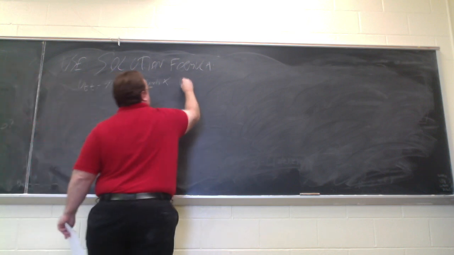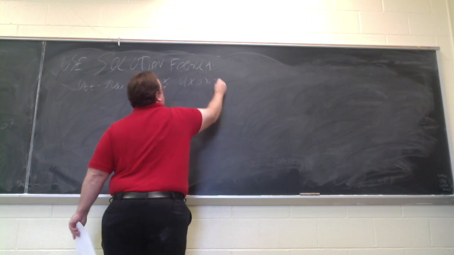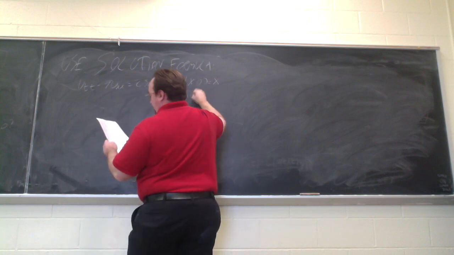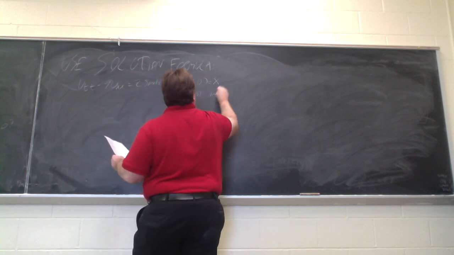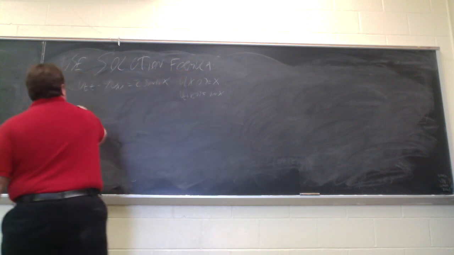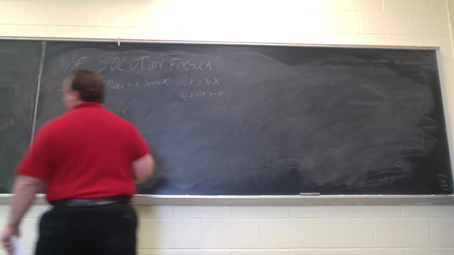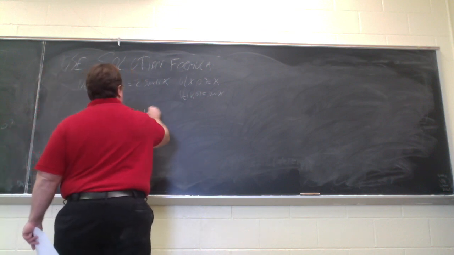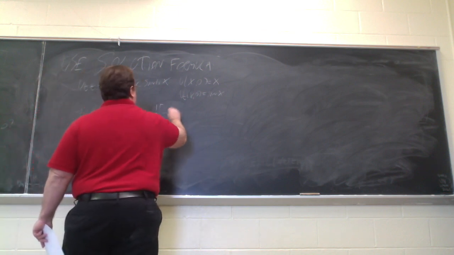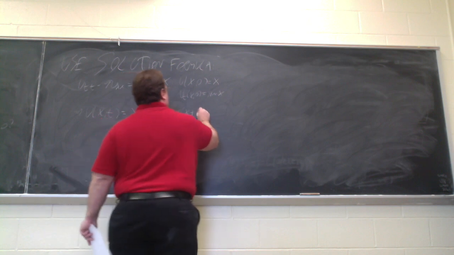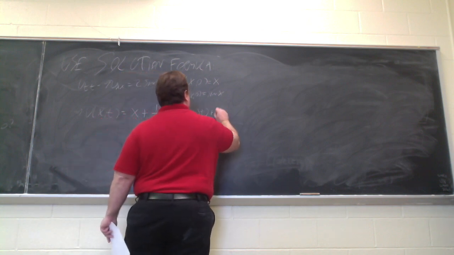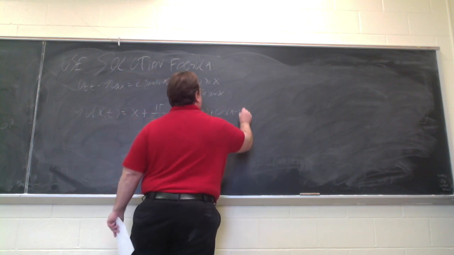And then u(x,0) is sin x. Now the homogeneous part was worked out just a second ago on the previous board. So it simplifies to x plus 1/6 [cos(x+3t) + cos(x-3t)].